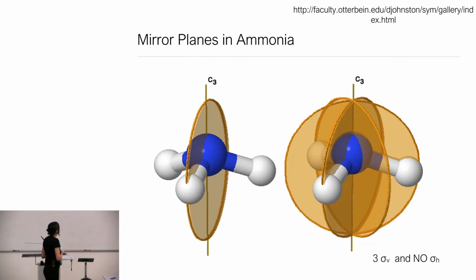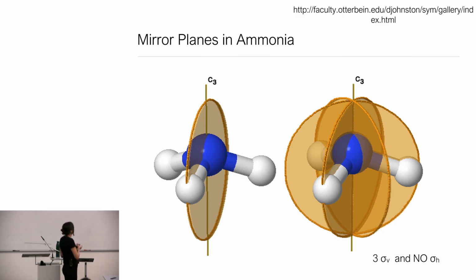Okay, so let's just quickly go through some of these examples. These are the mirror planes and the rotational axis in ammonia. So here you can see the C3 threefold axis. And I'm actually drawing on that one of the planes that is a sigma v plane. And so you can see that in principle, there would be 3 sigma v's that run through each of the NH bonds.